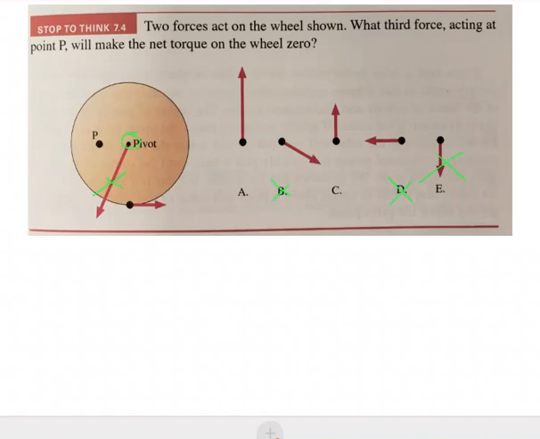You're going to need to increase the force in order to counter the torque that the farthest point is generating, right? So we're going to need probably A. That's how you come up with that one. Remember, the direction matters, the radius matters, and the force matters in rotation. Okay? All right, good. That's it.